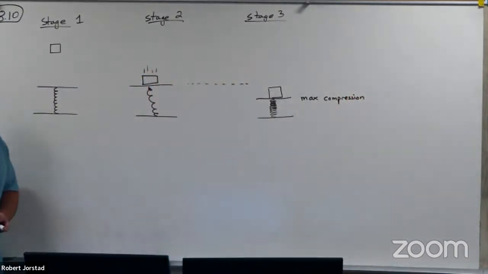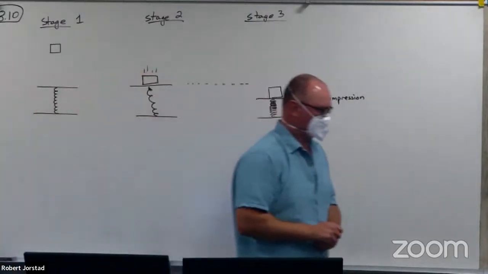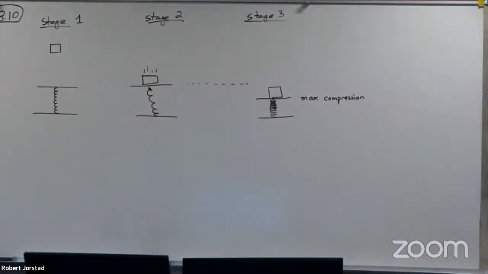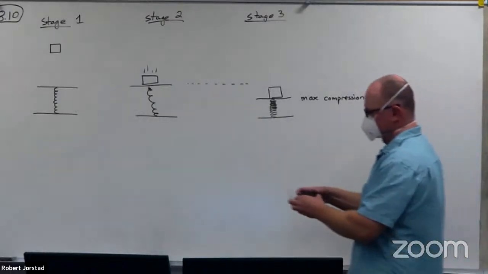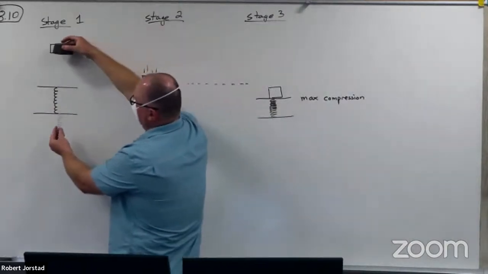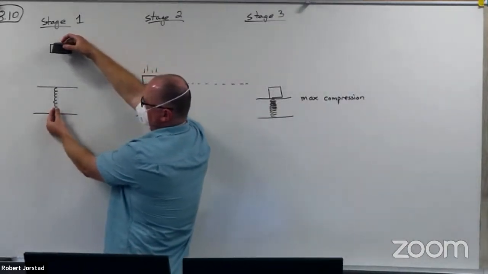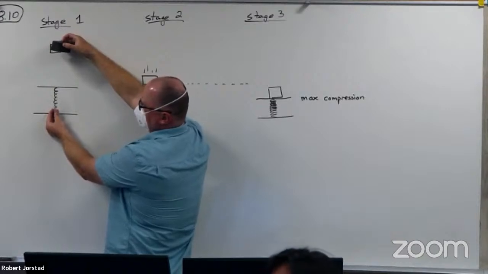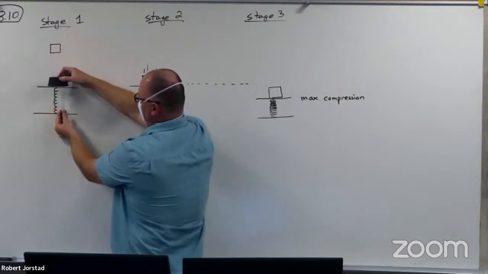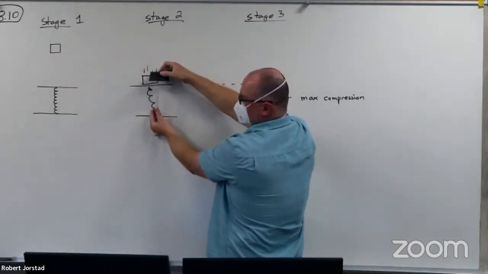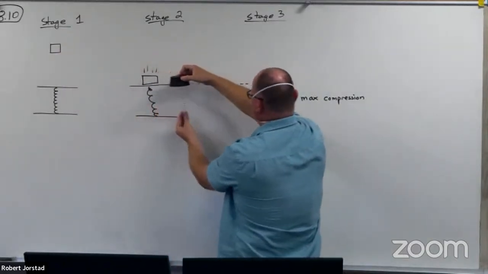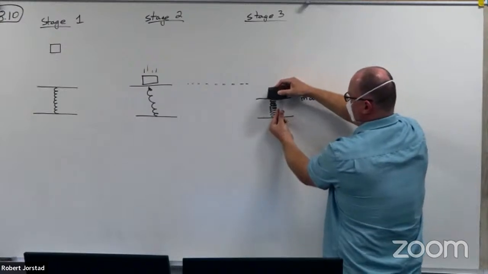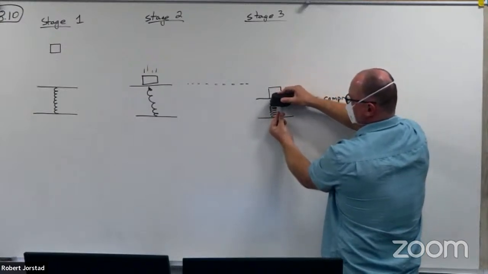I want to explain some of the terms that you're going to see in spring problems. I'm going to bring up a spring just so we have it. It's not a very good simulation, but here it is. This is the block. It's going to come down, moving just before impact. Then it's going to collide and compress the spring downwards.